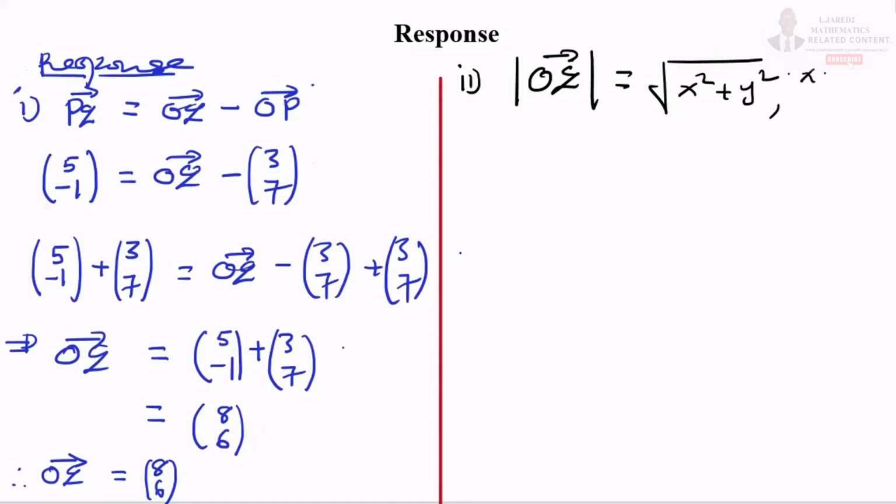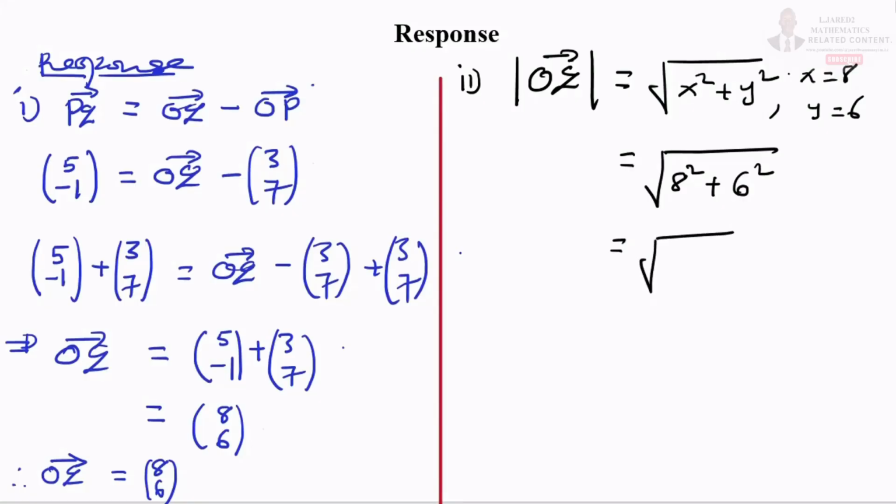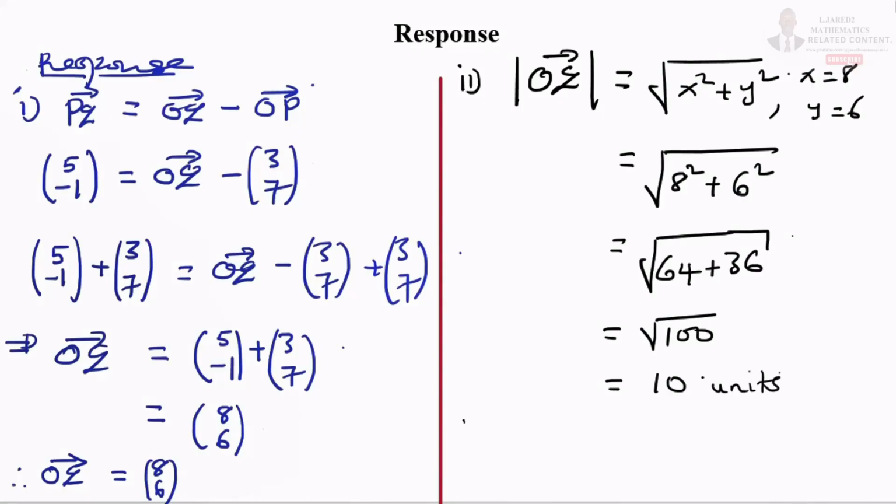In this case, x equals 8 and y equals 6, so substituting in, we have the square root of 8 squared plus 6 squared. 8 squared is 64 plus 6 squared is 36, all under the square root. Summing them, we get 100, and the square root of 100 is 10. So we put the units: the magnitude of vector OQ equals 10 units. This becomes our answer for Roman number 2.